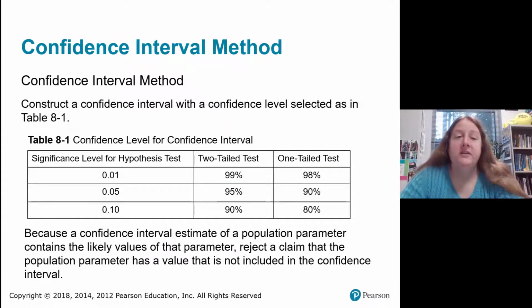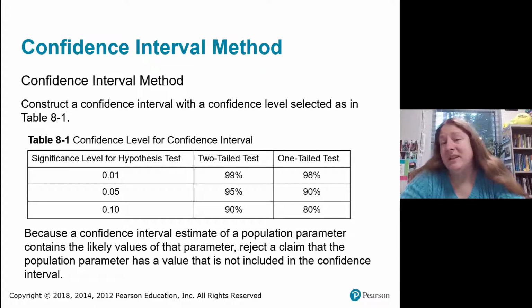Now, before we dive into those two methods that I mentioned, there's also something called the confidence interval method. In making a confidence interval, we had some confidence level that we were working with. So when we were dealing with a 99% confidence interval, then we had that alpha value of 0.01.